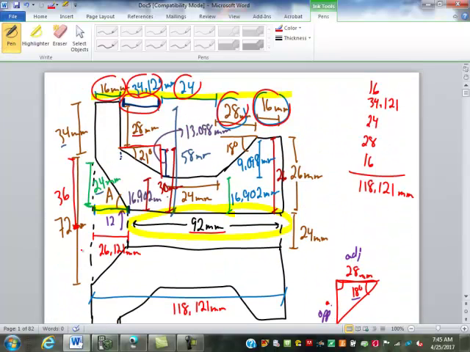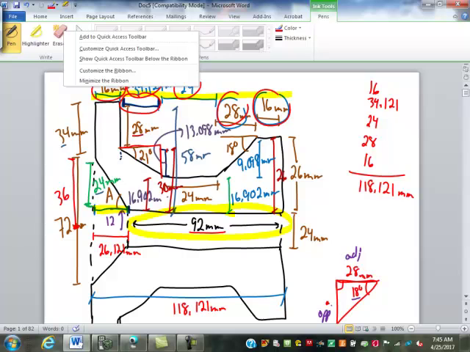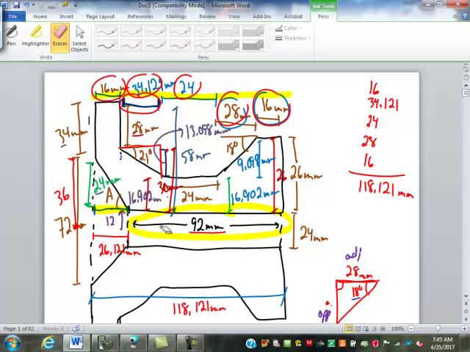Now, with what we've done here so far, we have found all the horizontal and vertical dimensions of every feature. So I'm going to leave it as part of something for you guys to do in the homework. It's going to be to find, now that you have all those horizontal and vertical dimensions, the area of this shaded piece.